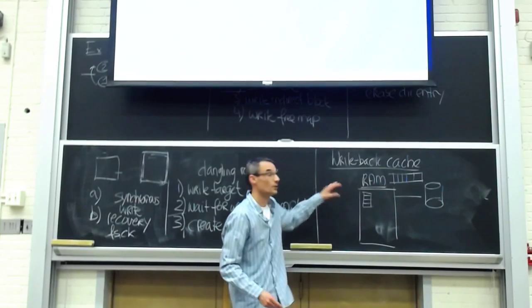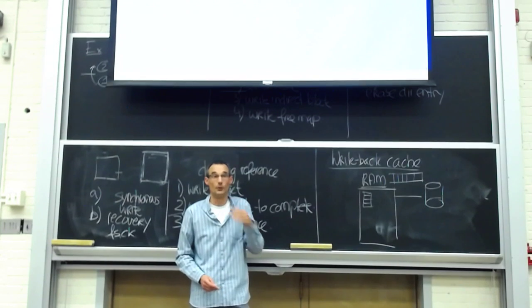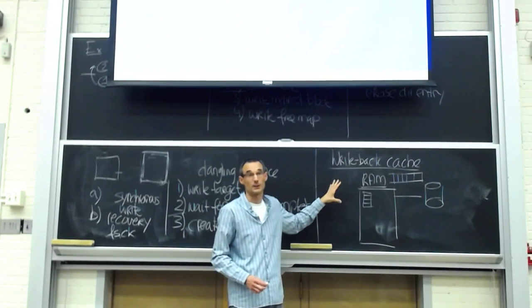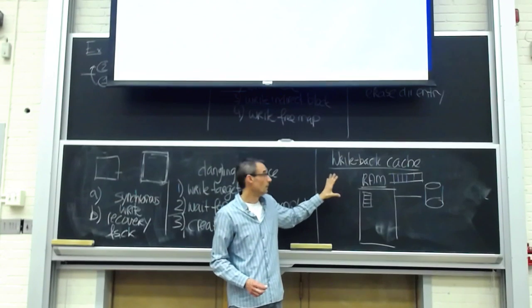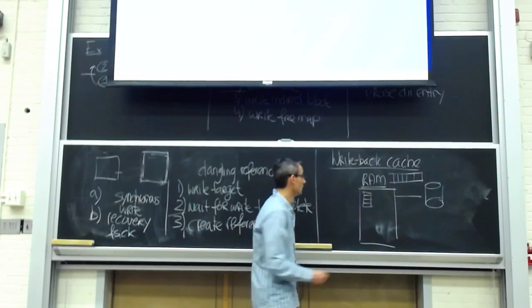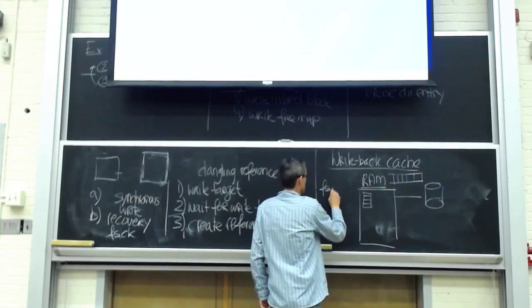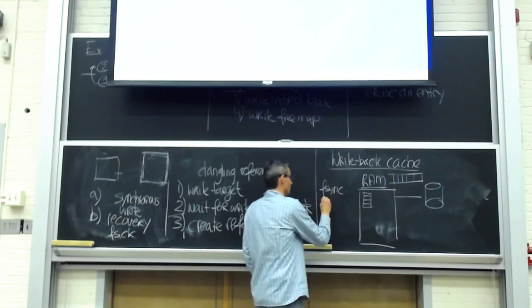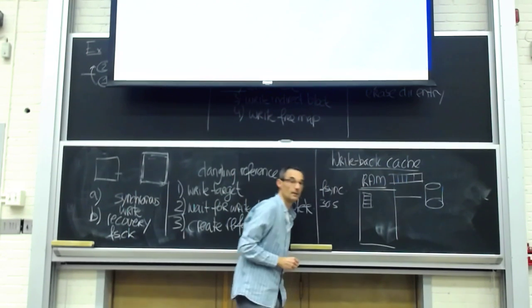In fact, most file systems, until very recently, have this kind of thing. All file systems, including now, use a write-back cache. And so the basic idea in most file systems is either you flush with fsync, or what a lot of Unixes did, they just sync every 30 seconds or something like that.